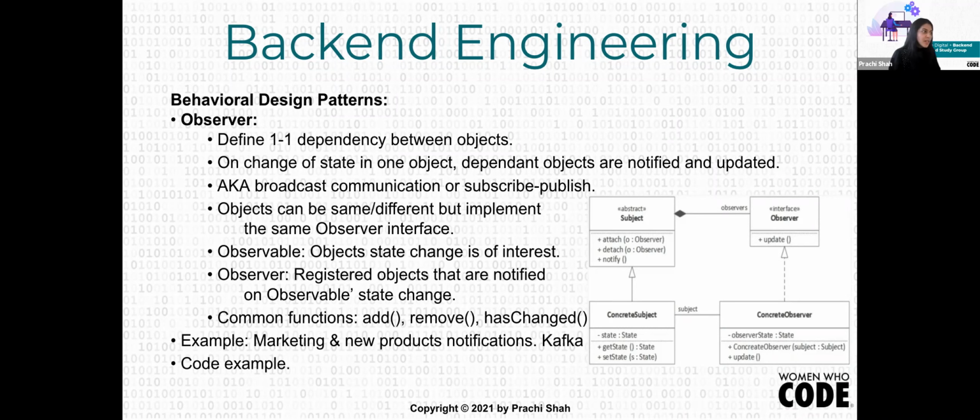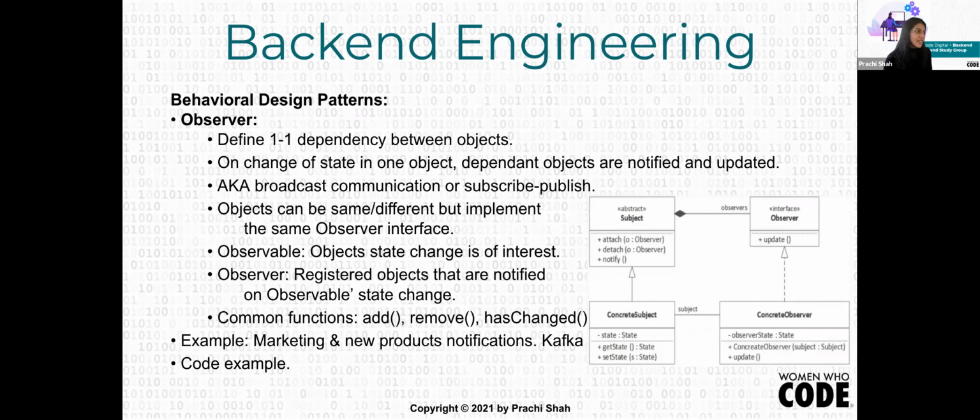We use a few different objects here. One is observable, the object whose state change is of interest, right? So observable is the object whose state is changing, and whose state is the point of interest here. And observers are all these registered objects that are notified when an observable state is changed.